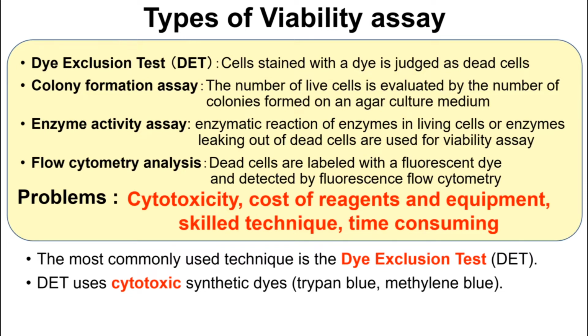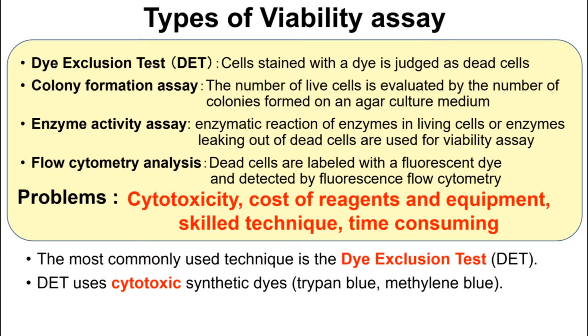In colony formation assay, the number of live cells is evaluated by the number of colonies formed on an agar culture medium after an inoculation of diluted cell culture and following a definite time of culture.